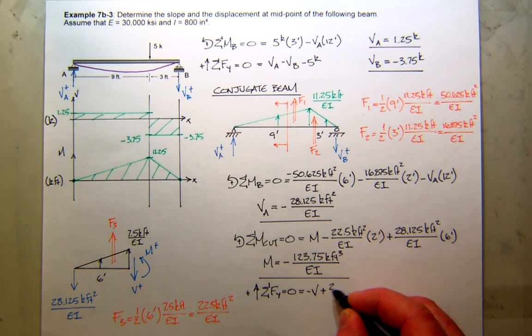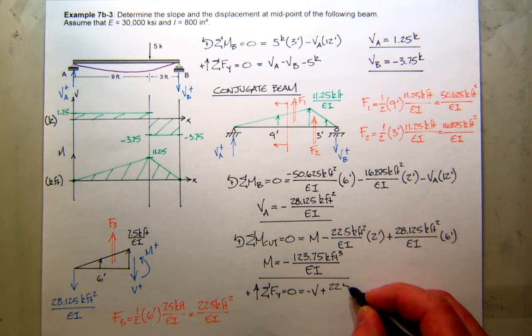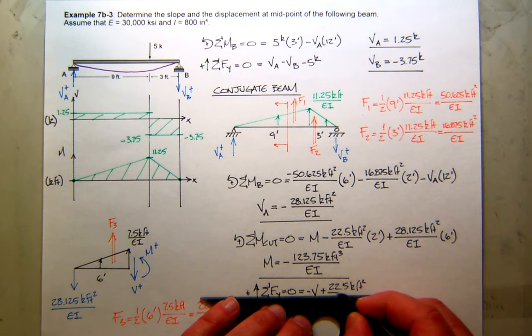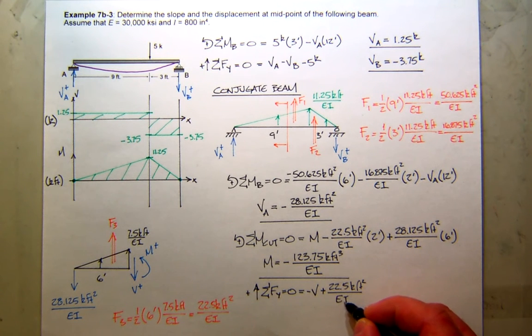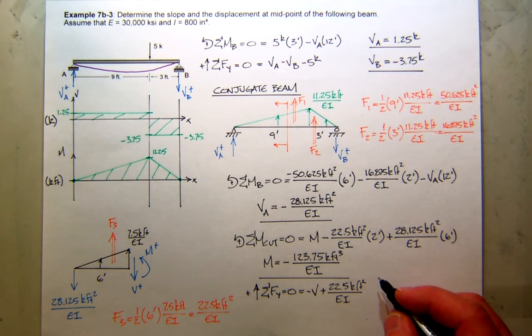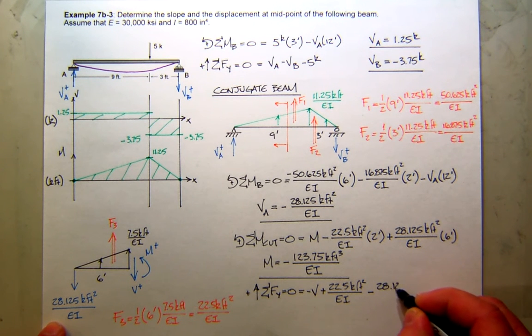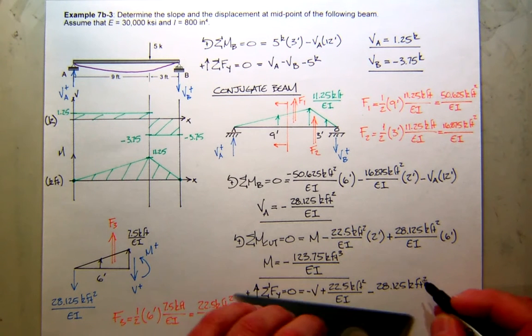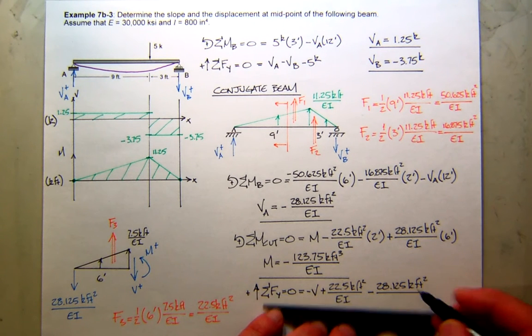Force 3 was 22.5 kip feet squared divided by EI. And then what else? Oh, over here, my reaction force is down. That's negative. That's 28.125 kip feet squared divided by EI.